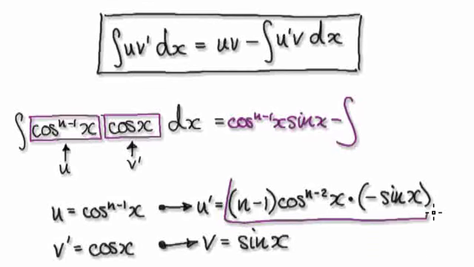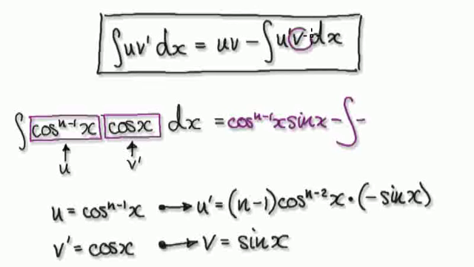Well, u prime is this thing here, and you've got a minus here, and don't forget u prime times v. So it's going to be this whole thing times this thing. You've got a minus here, and a sine here and a sine here, so that would be sine squared of x, and then you've got this thing here.